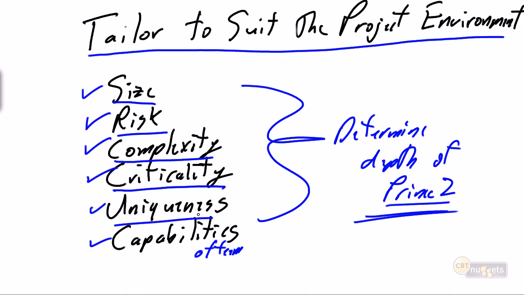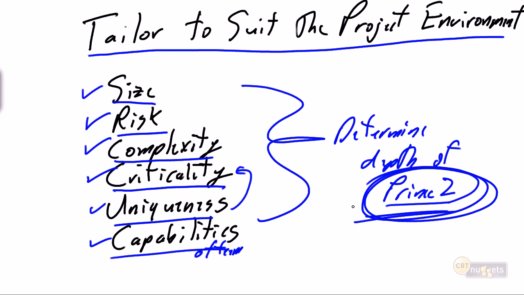It's very unique. We're trying to come up with some bleeding edge stuff that's going to, again, feed into the criticality. And also, we have a very competent team, but our team has never worked on a project of quite this size and complexity in the past. Therefore, we're going to want to implement 100% of Prince2 and ensure that we are setting our project up for success.